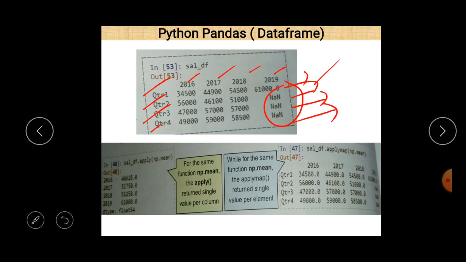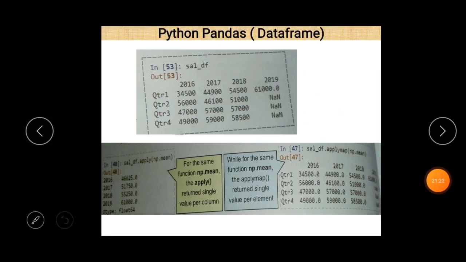Now if you want to find the mean, use the apply function here: the name of the data frame, self_df, then dot apply, and then the name of the series function. Here the series function is mean, which calculates the average of a series.